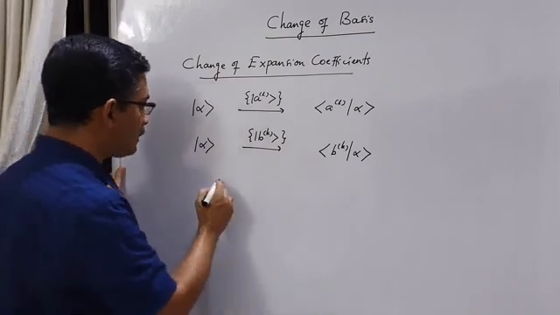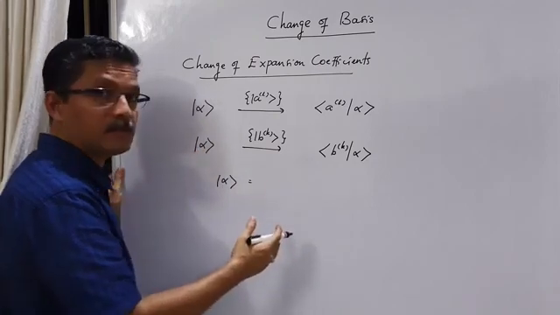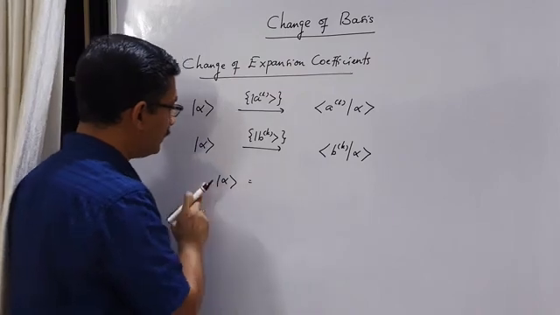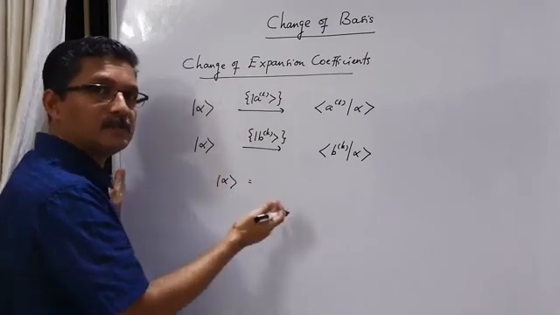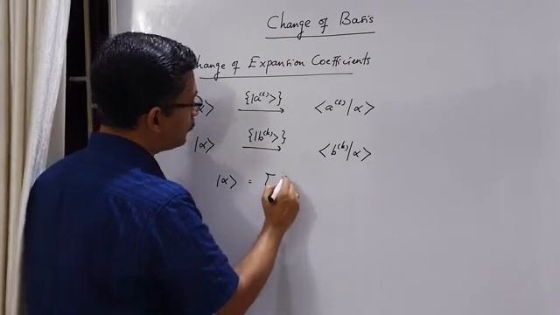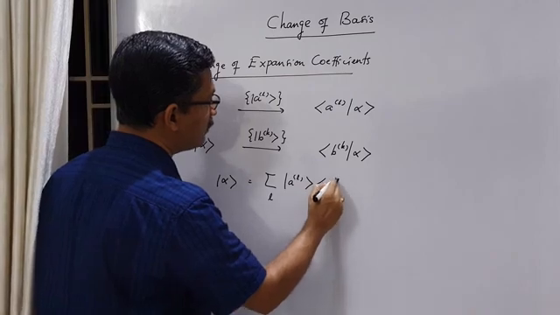For this, let us start with this ket alpha. First, let us expand in terms of the old basis A_L. For that we can introduce an identity here and use the completeness condition of the old basis. So we get sum over L, ket A_L, bra vector A_L.